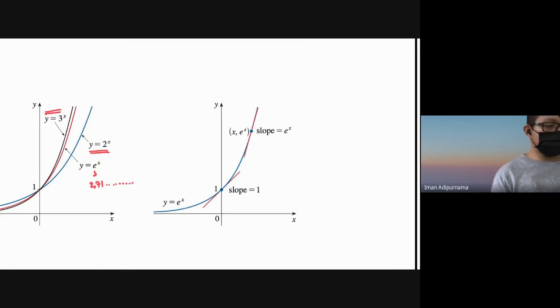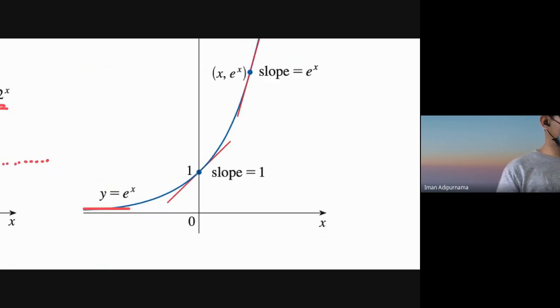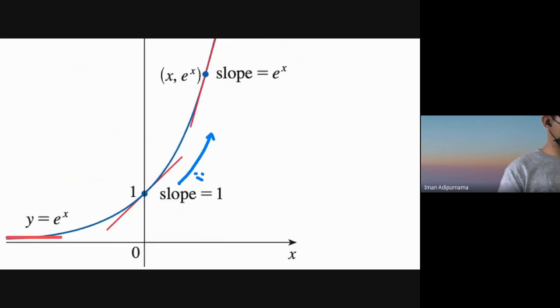If you look at the slope, it starts slowly, but after it crosses y equals 1 here, it goes faster, increasing really fast.